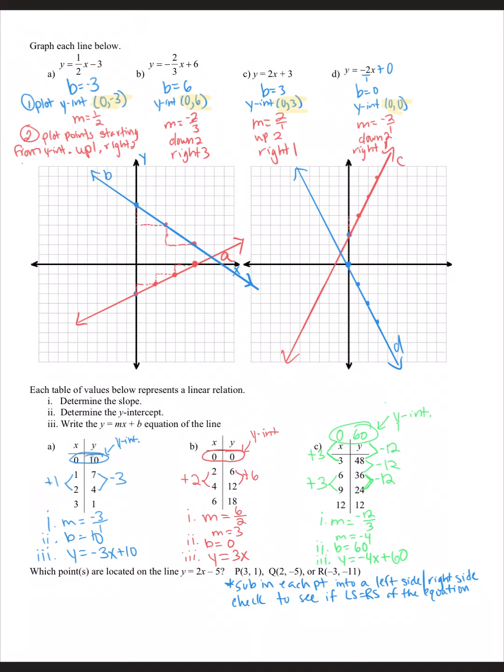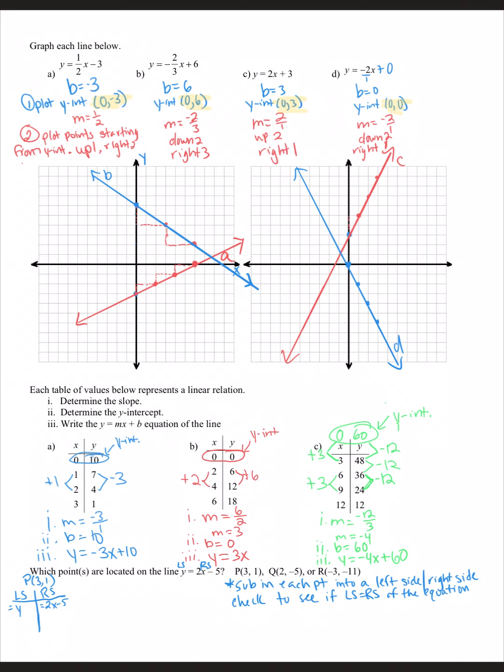So let's start with point P, which is (3, 1). So I'm going to set up a little left side, right side. And all we're going to do is put the left side of our equation on that part of the t-chart. And this part here is the right side of our equation, so that'll go in our t-chart. So the left side of my equation is y, and the right side of my equation is 2x minus 5.